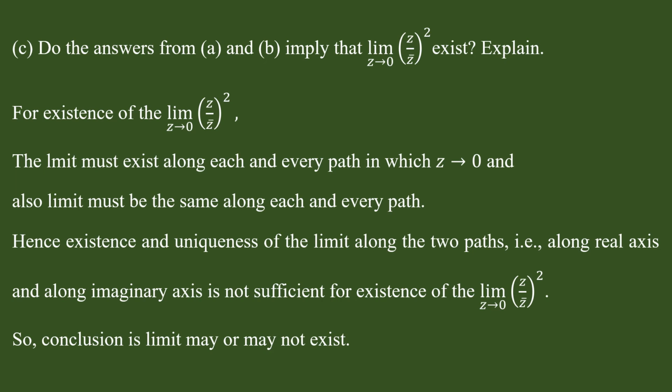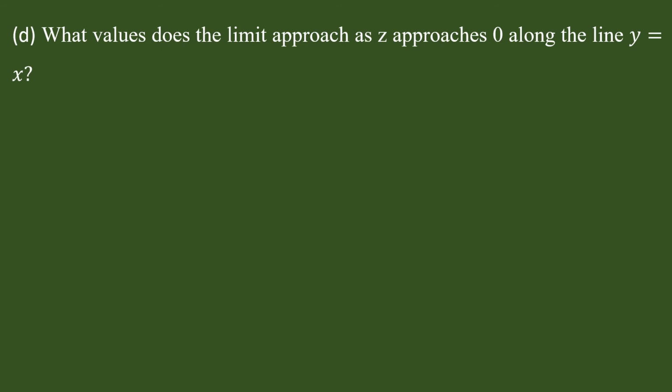Now we come to D. What value does the limit approach as z approaches 0 along the line y equals x? This is important. That's why in question C, we are not able to say the limit exists or not.